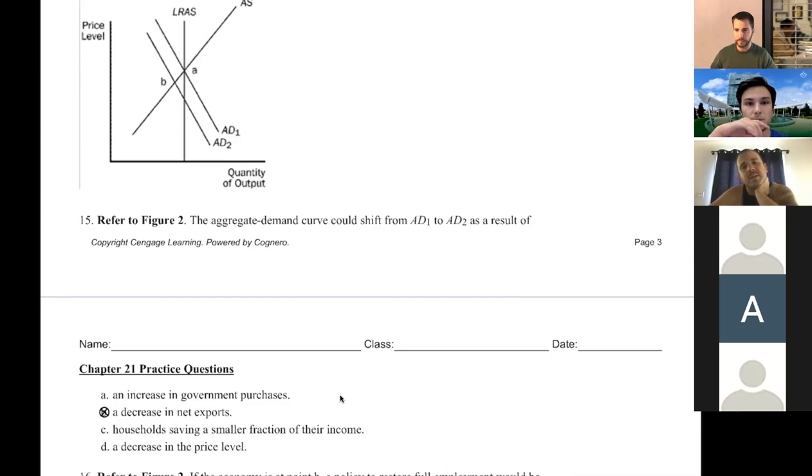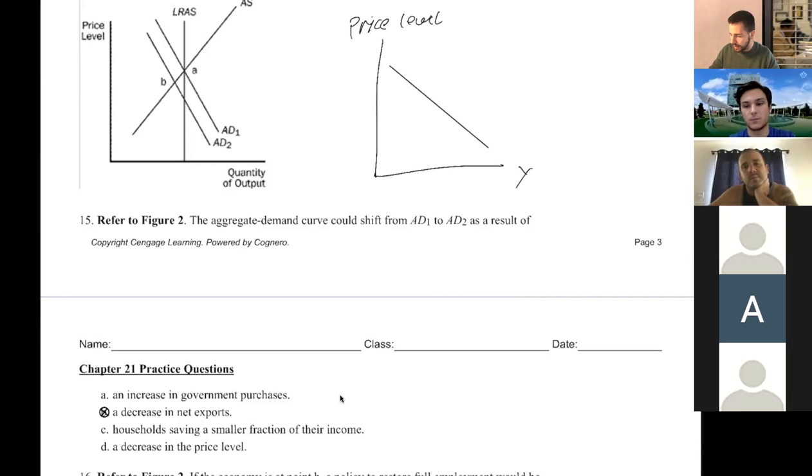So if the price level were to drop, what curve would that shift? The aggregate demand. Okay. This is from chapter 20. So remember, here was the price level, and here was the GDP or output, Y, whatever you want to call it.